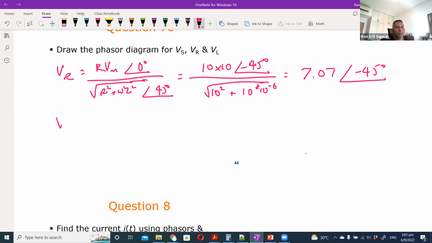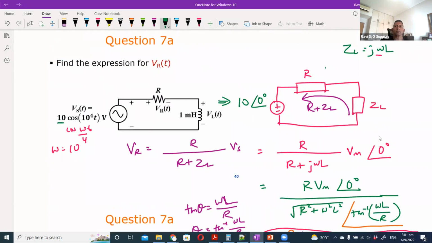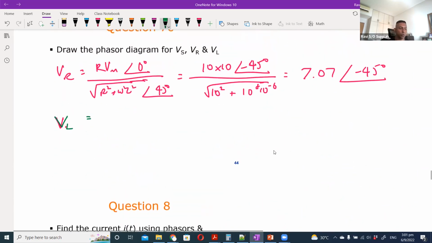Now for VL, it's the same thing, the same voltage divider rule. Just like if I wanted VR, I take R over R plus ZL, if I want VL, I take ZL over R plus ZL, just like the same voltage divider rule as you would do with two resistors.